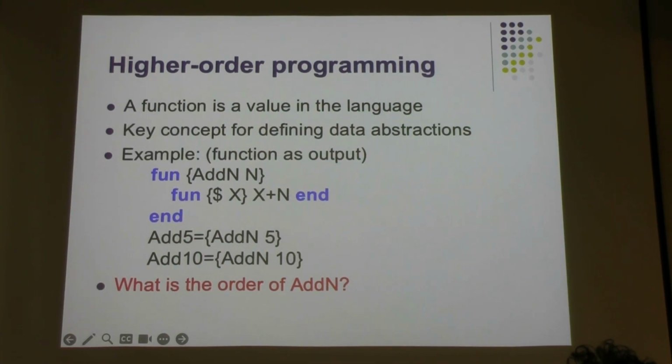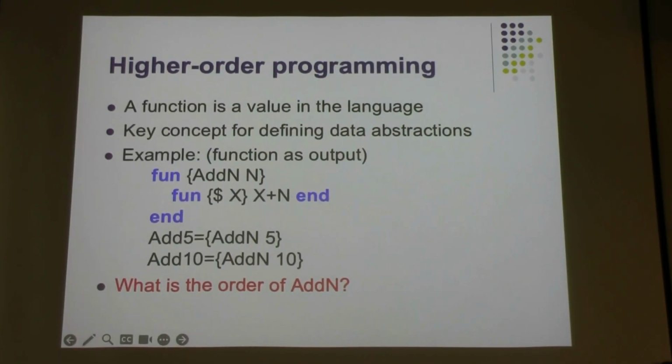So here, for example, this function add n returns a function. So what is the order of add n? You tell me. Someone else. I know some people know the answer, right? 2. 2, yeah. So the order of add n is 2. You see that?